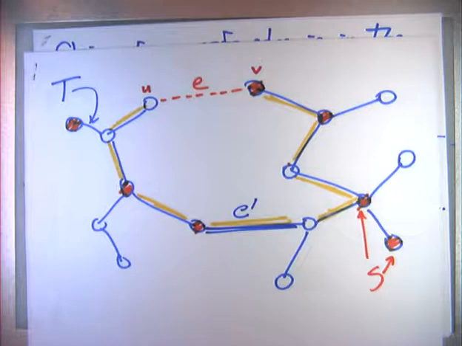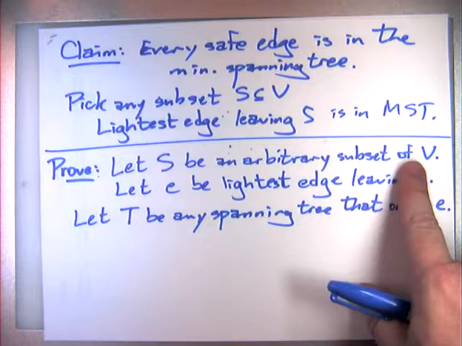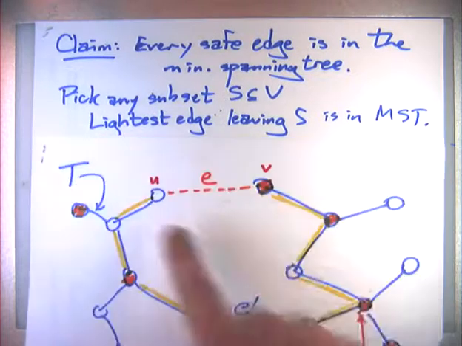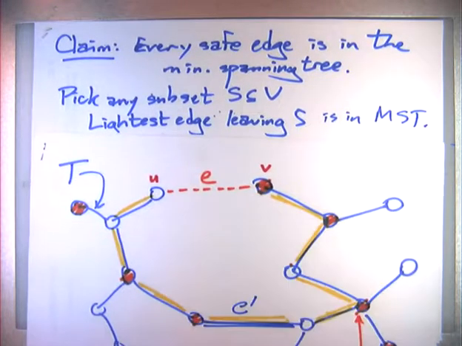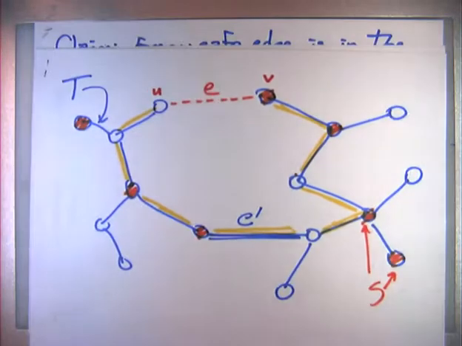Yes? Orange are the vertices in S. S is an arbitrary subset of the vertices. E, this dashed edge, is the lightest edge in the whole graph that has one orange endpoint and one white endpoint. Okay, but you're not saying that if you add E... No, I'm not saying that.